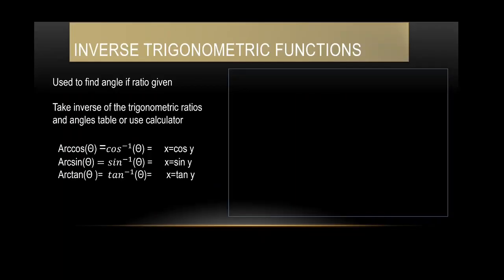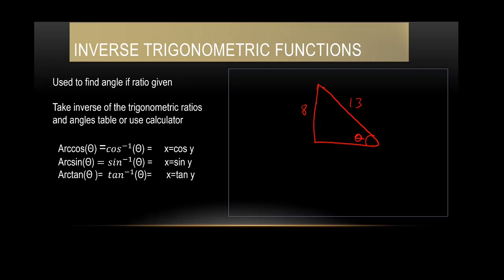So these are some inverse trigonometric functions. For example, we give that there is a triangle. We give the opposite side as 8 units, and we give the hypotenuse as 13 units. So we ask you to find this angle theta. What is this angle equal to?